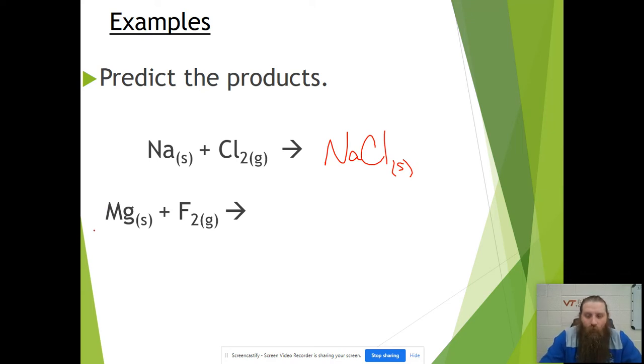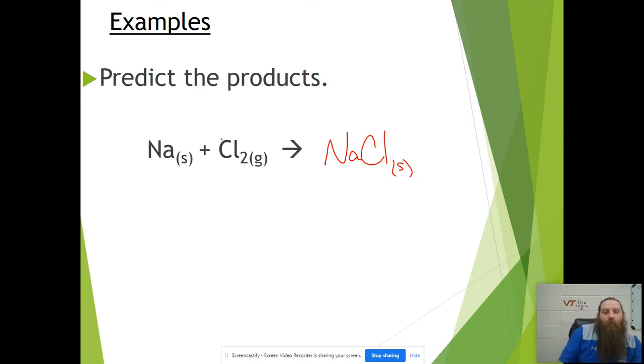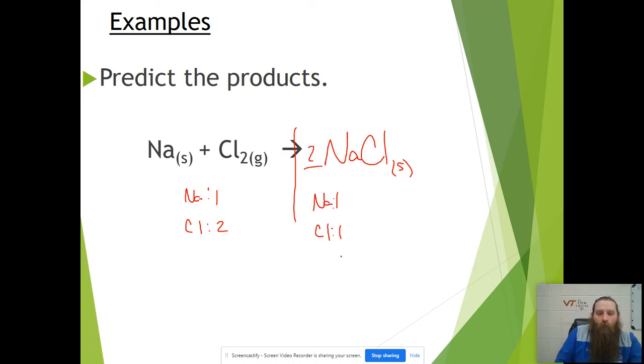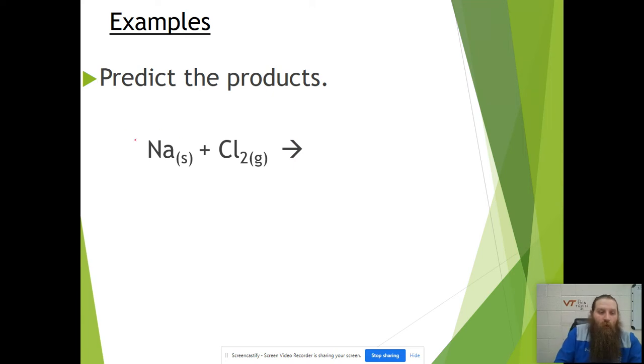That is important that we balance things. So right now we have 1 sodium, we have 2 chlorines, and on this side we have 1 and 1. So I'm going to throw a 2 in here to fix that, and I need to throw a 2 right there to fix that. So 2, 1, 2 would be my balanced equation.